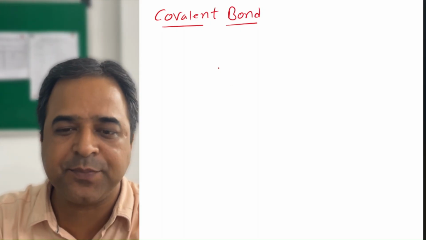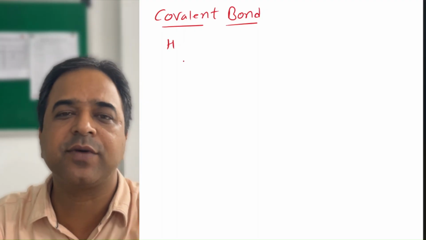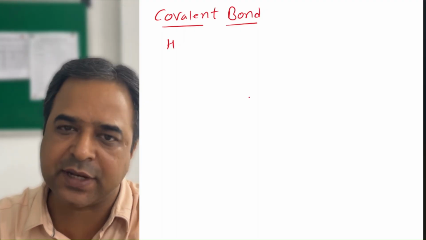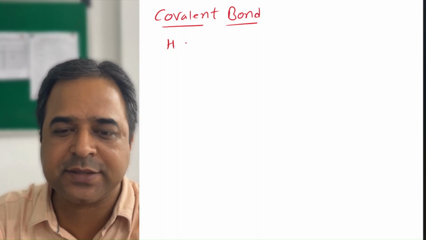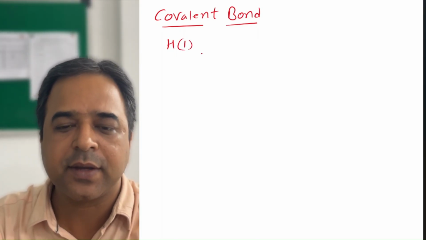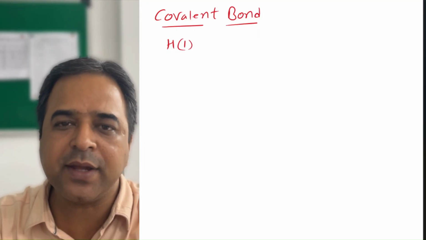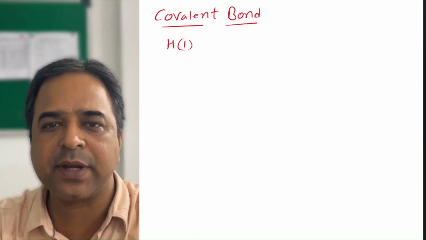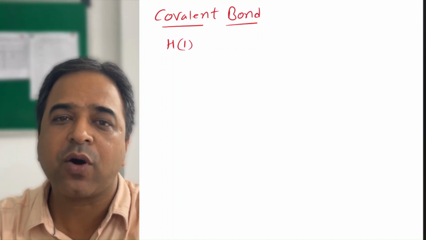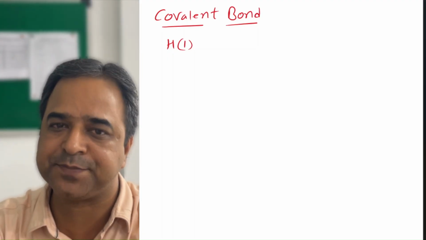For example, suppose we are taking hydrogen, the first element. You know that its atomic number is 1. So, according to the duplet condition, what do you mean by duplet condition? It applies to all those elements which have only one shell.